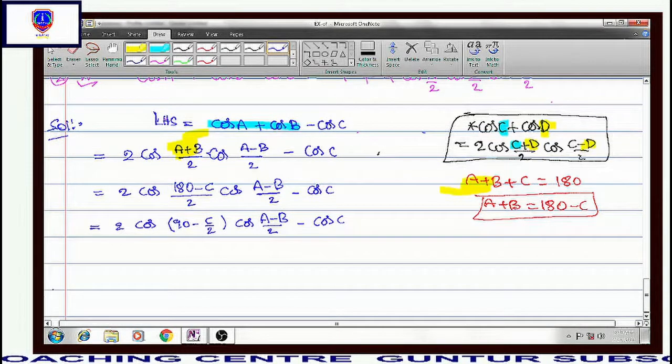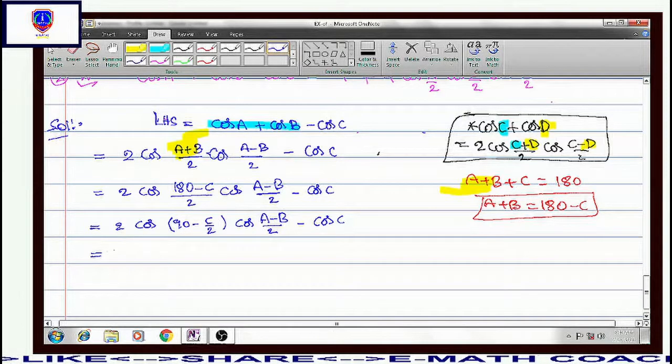Next step, take a look here, 90 minus theta is the first quadrant. In the first quadrant, all trigonometric functions are positive. But whenever angles like 90 and 270 exist, the trigonometric function changes itself. That means cos becomes sine.